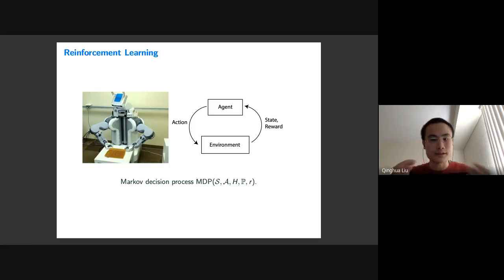In this robot example, we have states, which are the position and the angle of its arms, and also the position and the shape of the towel. The agent, this robot, can take some action, like move or rotate its arms, which will have an effect on the environment, like changing the position and shape of the towel. And eventually, the environment will return reward 1 if the robot successfully folds the towel, and reward 0 if it fails.